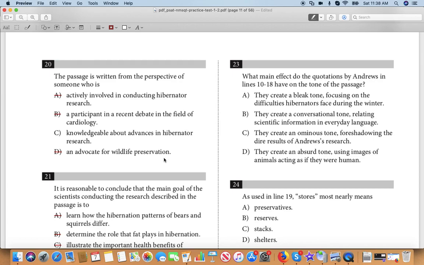They talk about what they do during the winter, but they didn't really say it as a difficulty. They just kind of sleep. Notice there's two statements here. One is they create a bleak tone. Do you know what bleak means? I do not. Look up bleak real quick. It's a good word.